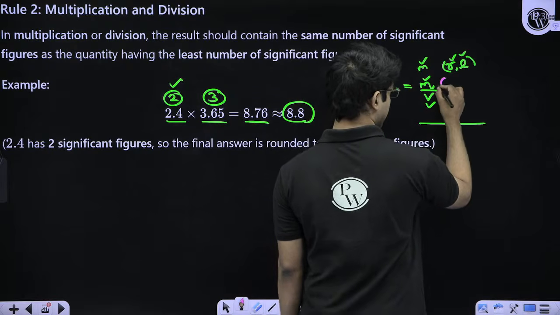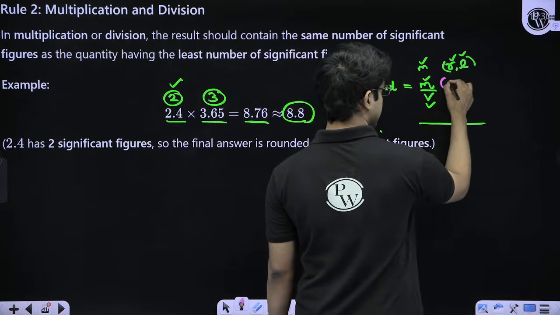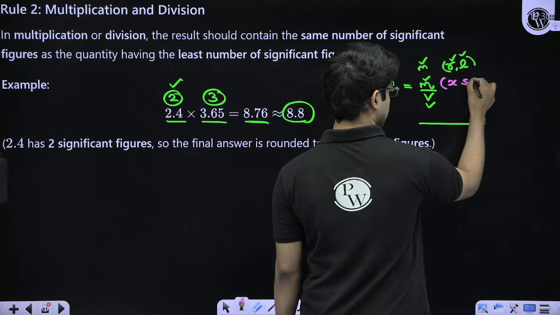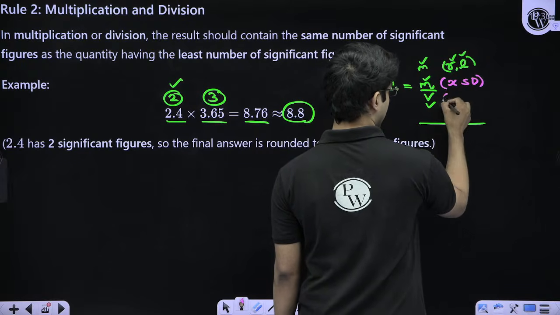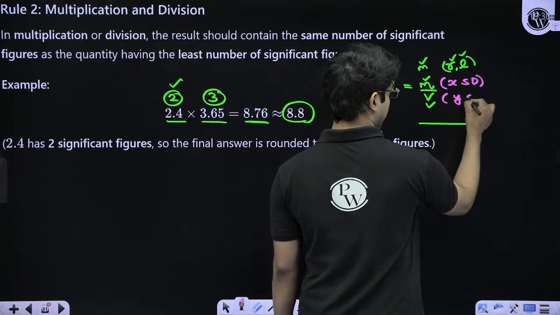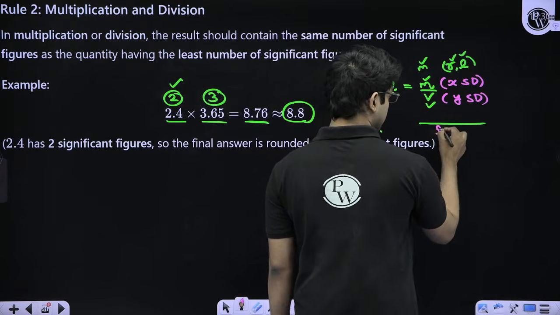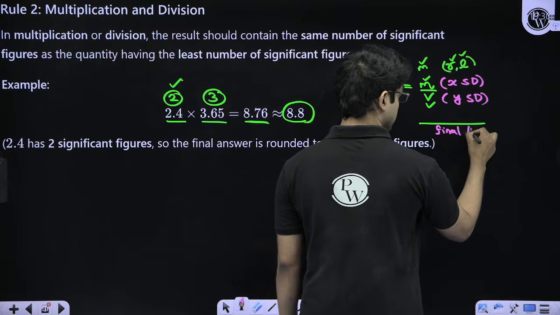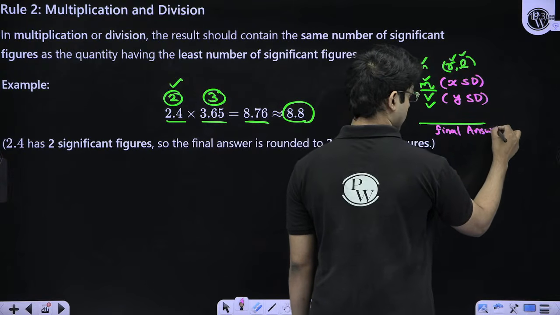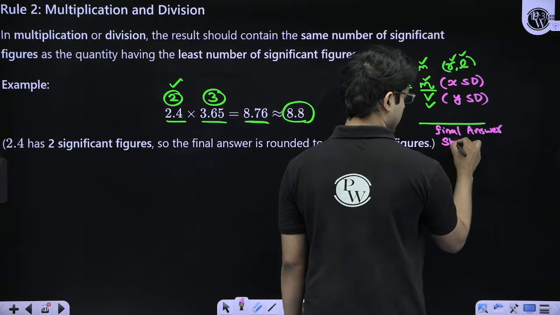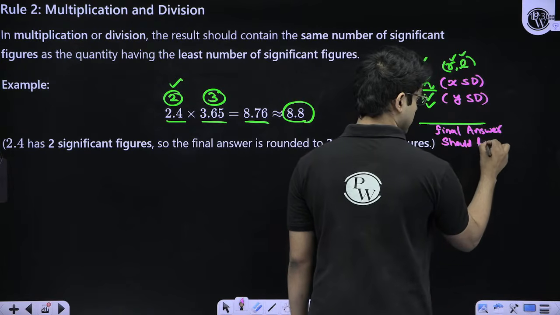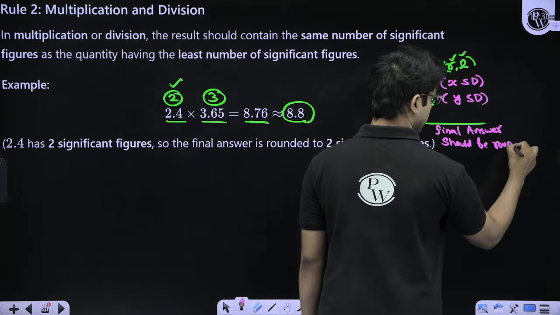Here you are dividing. So let's say mass has x significant digits, and let's say volume has y significant digits. So the final answer should be rounded off.